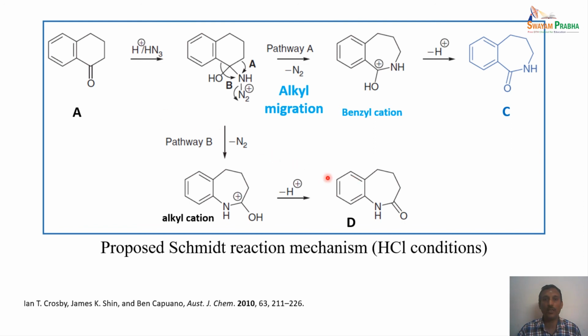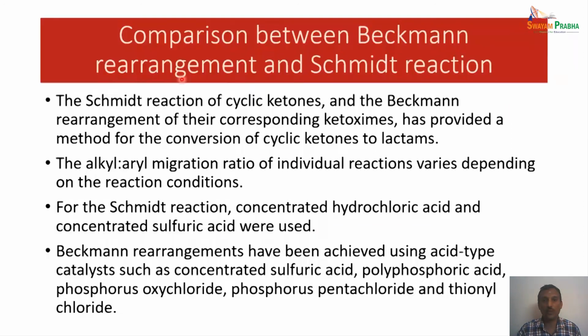Now let us do a small comparison between the Beckmann rearrangement and the Schmidt reaction. In the Schmidt reaction we start from a cyclic ketone, and in the case of the Beckmann rearrangement we start from a ketoxime. In other words, one more additional step is required for the Beckmann rearrangement to happen.